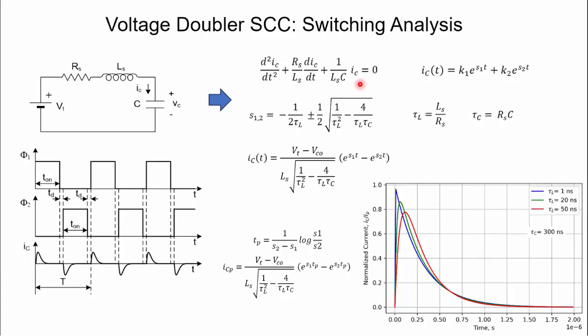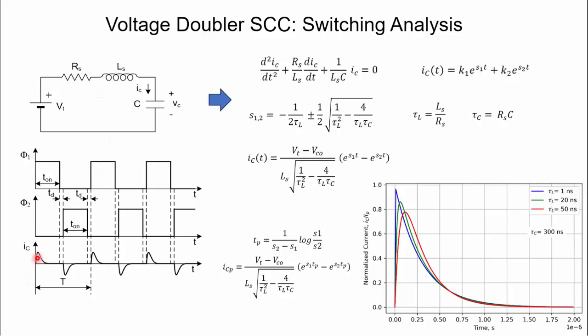And because of the small value usually that we have for the series inductance, we can assure that we are going to have an exponential response as shown here. These are the roots of the characteristic polynomial in which this time constant tau L and tau C can be calculated, and finally this is the response of the current that we are going to have during this interval.